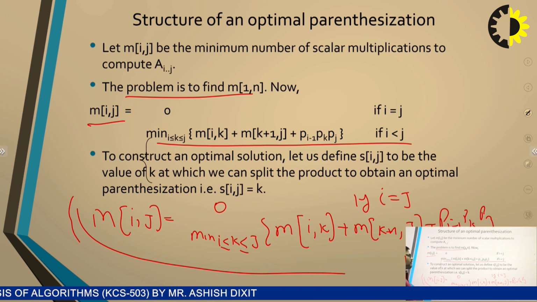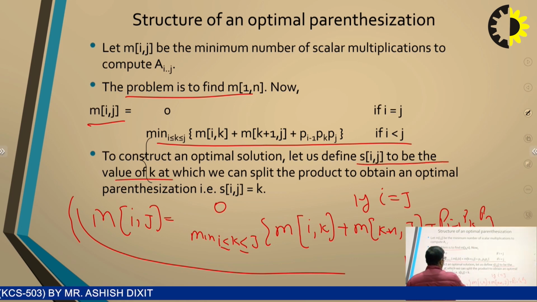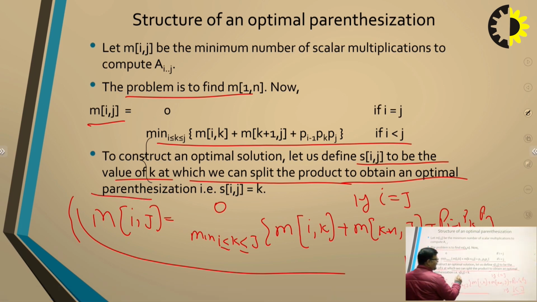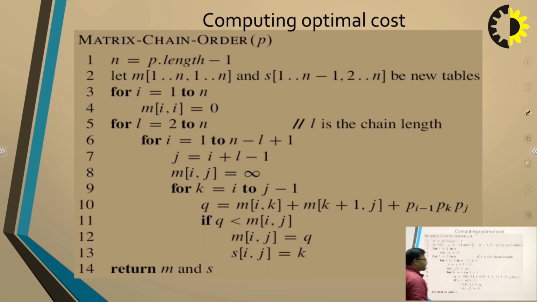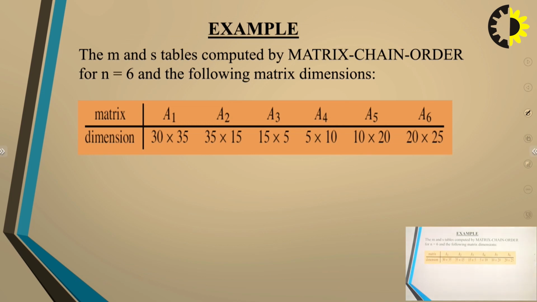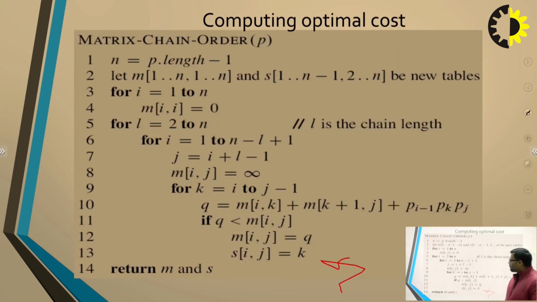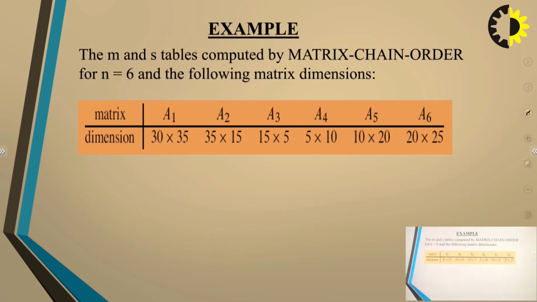How to construct an optimal solution? Let us define the parenthesization value of k at which we can split the product to obtain an optimal parenthesization of Si comma j is equal to k. So again we will discuss the matrix multiplication order. First of all we will take an example, then after the example we will go towards the algorithm.